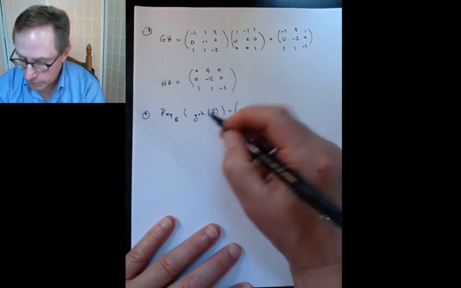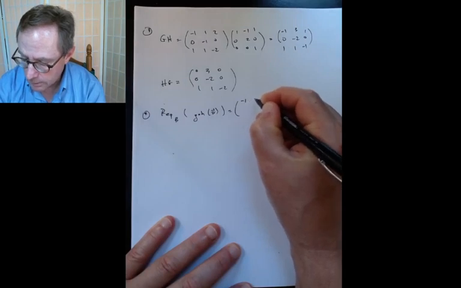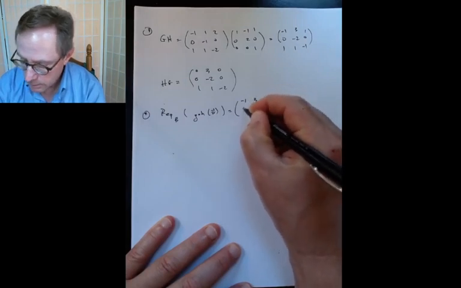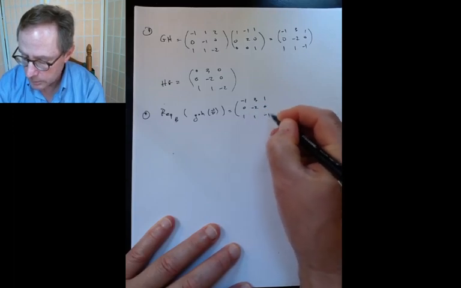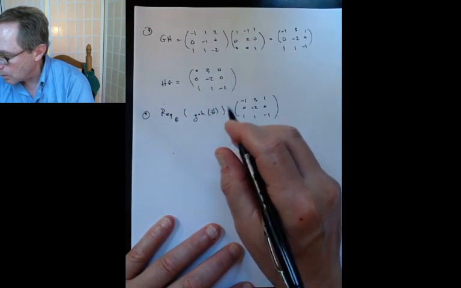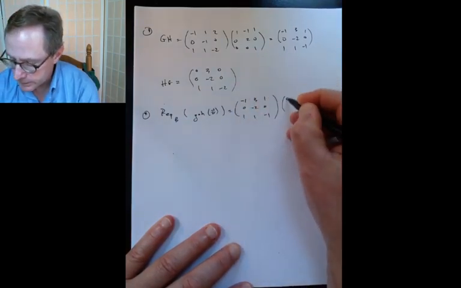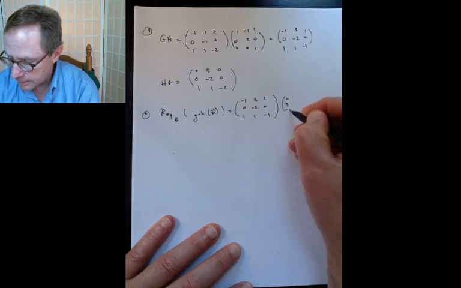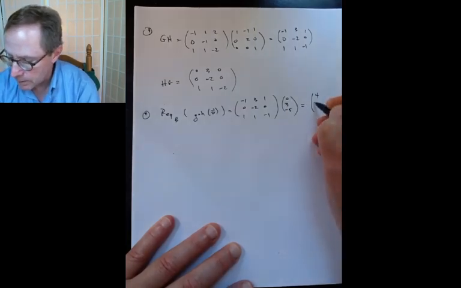So G circle H is represented by what's up here, minus 1, 3, 1, 0, minus 2, 0, 1, 1, minus 1. I forgot the vector already. What is it? 4, minus 6, 8. No, 0, 3, minus 5. Sorry, 0, 3, minus 5. Sorry, lost my head. And here's where the 4, minus 6, 8 goes.